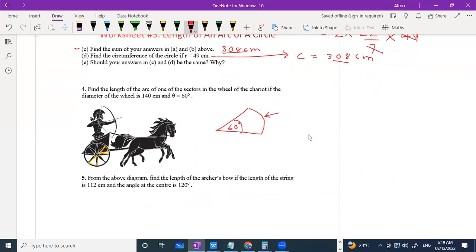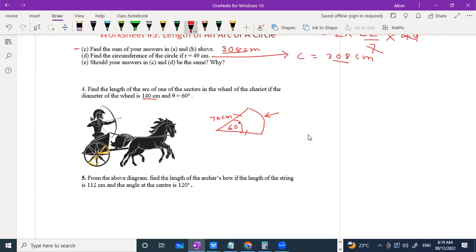So remember, each of these lines here represents the radius of the wheel. So if the diameter is 140 centimeters, it means that the radius is 70 centimeters. Why? Because diameter is equal to 2 times the radius.